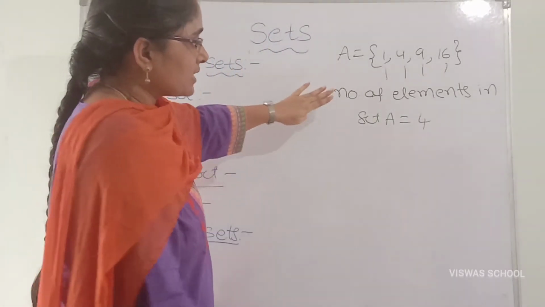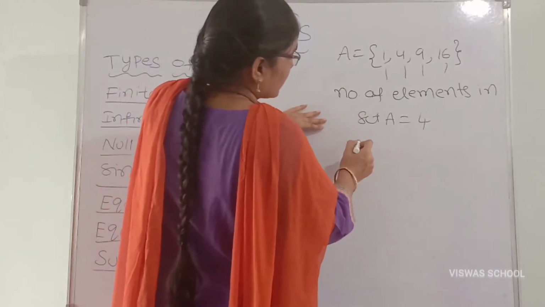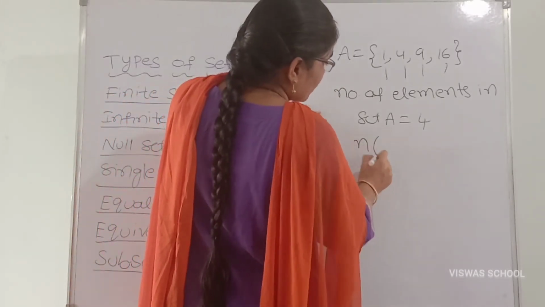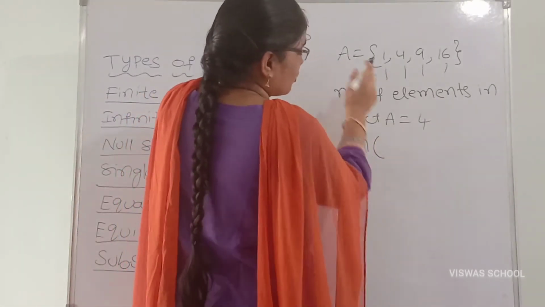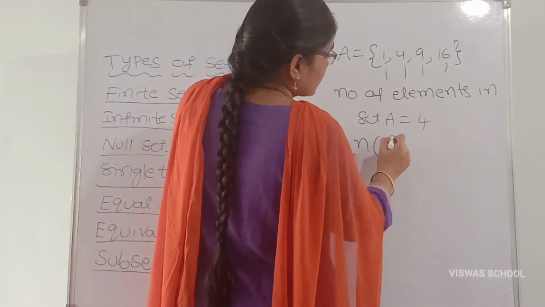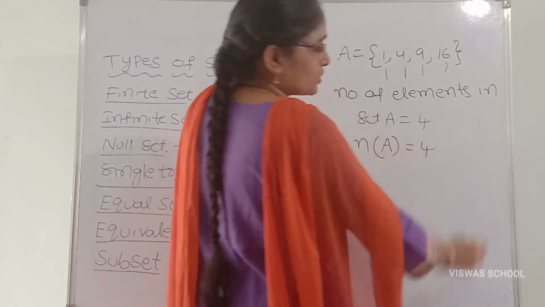In sets it is denoted by n of. n of means number of elements in set A. Here the set is denoted by A. That is, n of A is equal to 4.